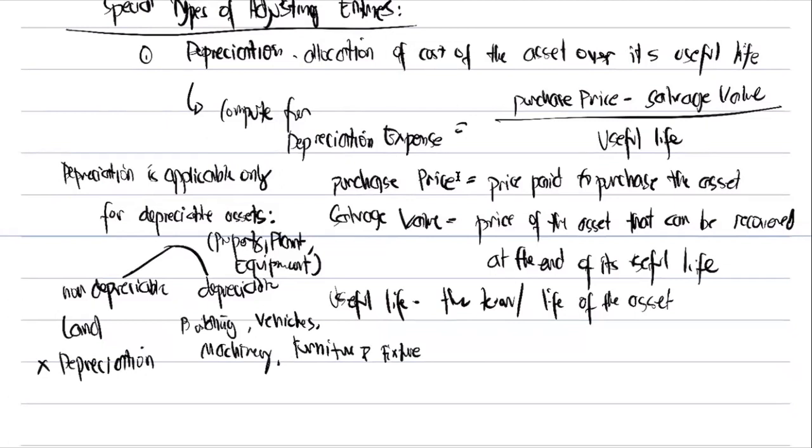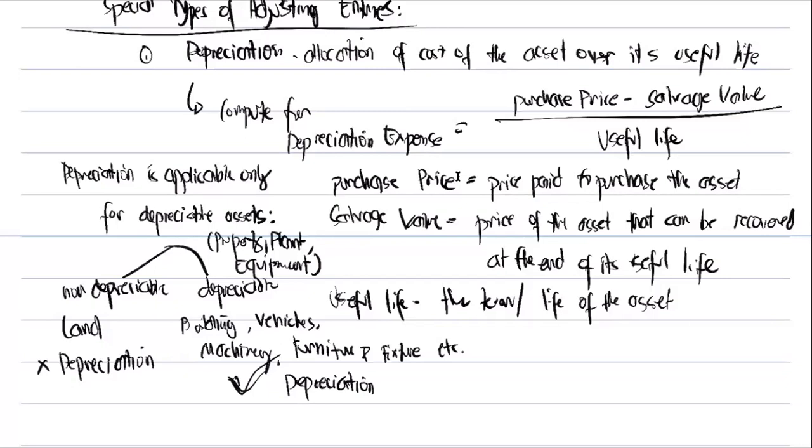So if ever we have your building, vehicles, machinery, furnitures, and fixtures, etc., we compute depreciation. So how do we compute for your depreciation? We compute the depreciation expense equal to purchase price less the salvage value over the useful life.